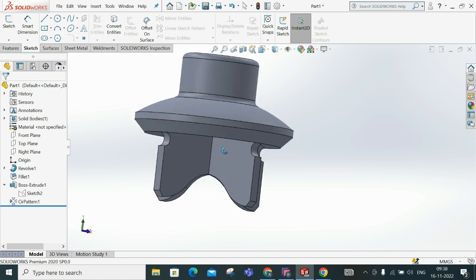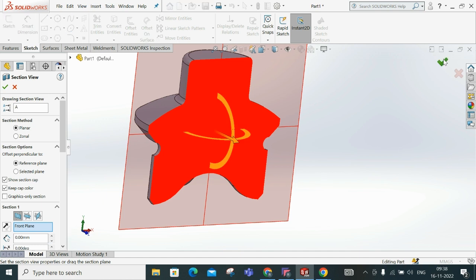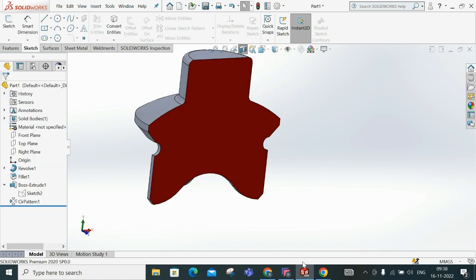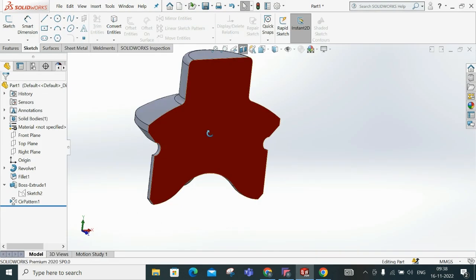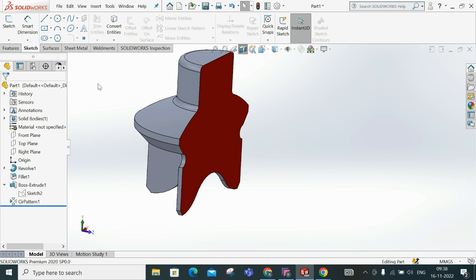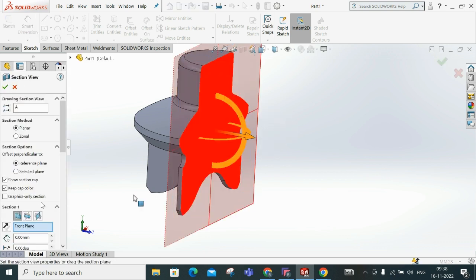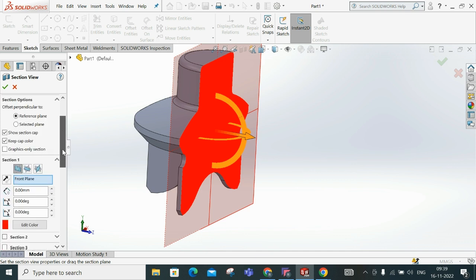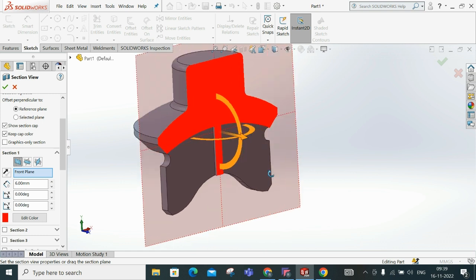Fine. This is the part, and we are seeing this cross section like this. Understood. Even the cross section is not like that. It is over some other plane, and the cross section we are seeing is something like this only.